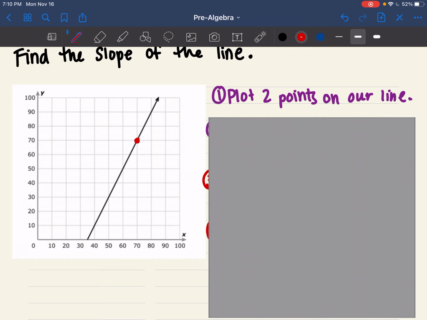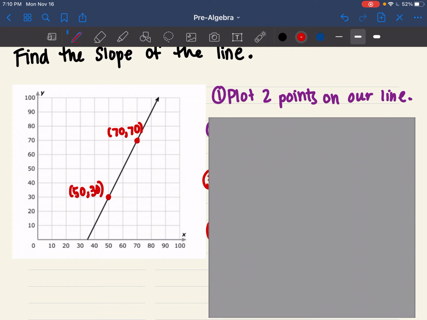The 4 boxes in the corners of those boxes meet the line at the same point. That point is at 70, 70. Now right here, I'm going to make another point at 50, 30. That's another spot where the 4 corners of my boxes and my line meet. This helps us be more accurate when we are counting our vertical distance or our horizontal distance.